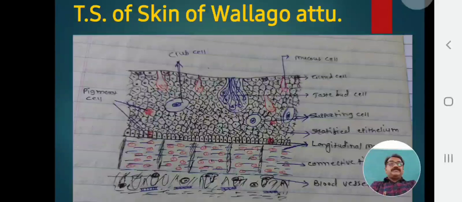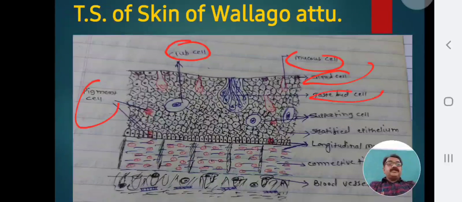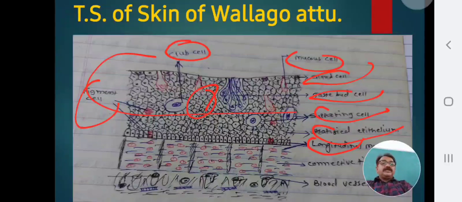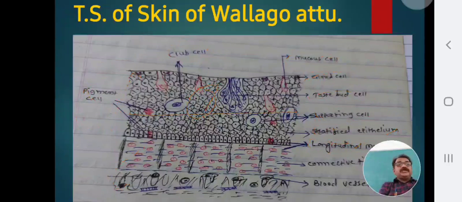Club cells, pigment cell, mucous cell, gland cell, taste bud cell, then supporting cell, stratified epithelium, longitudinal epithelium, then basement layer, trigonal cell. All these are present. This is called the epidermis, then the dermis, and the last layer is the subcutis. These three layers are found in this fish.